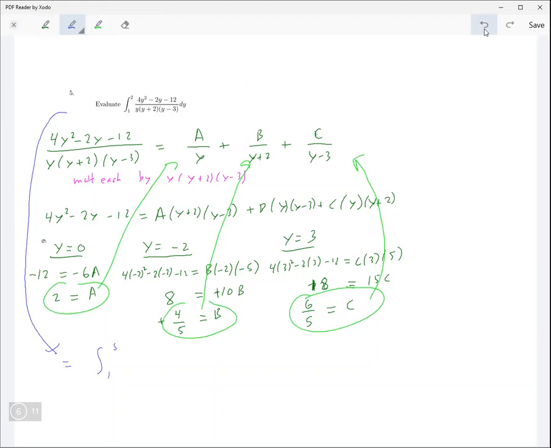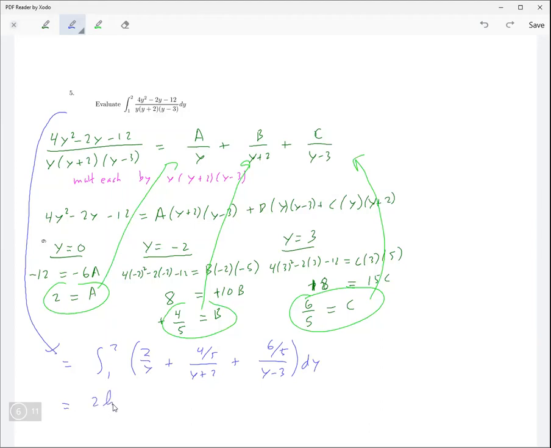Okay, integral from 1 to 2 of, okay, so a is 2, so that's 2/y. And then b is -4/5, so that's -4/5 over y plus 2. And then c is 6/5, so that's 6/5 over y minus 3 dy. And then just go ahead and integrate.